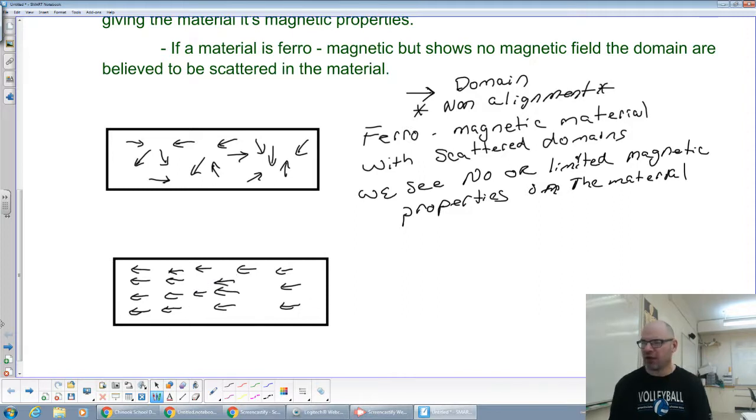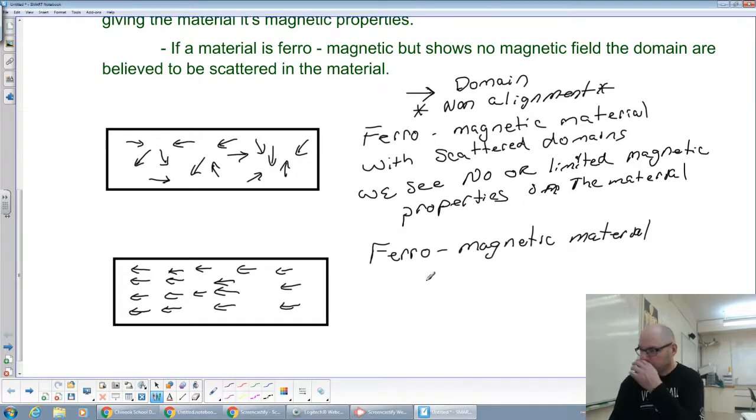Okay, they're all kind of lined up. And this is a piece of magnetic material then. The domains have lined up, and then they would create a magnetic field around the bar. So this is ferromagnetic material with aligned domains.